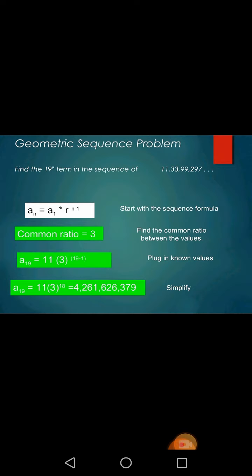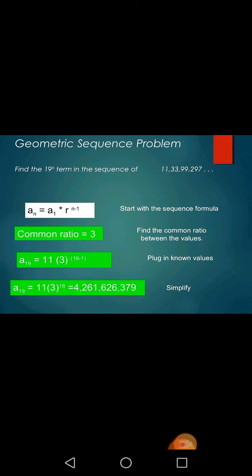The second question is here. Find the 19th term in the sequence 11, 33, 99, 297. In the beginning, I should make sure this is a geometric sequence. So I will find the ratio and make sure that the ratio is the same for all the numbers here. 11 times what equals 33?